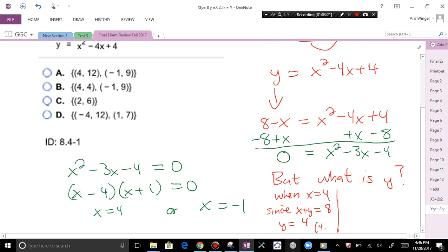One point we should check is (4, 4). When x is negative 1, since x plus y is 8, y has to be 9. So the other point is (negative 1, 9).